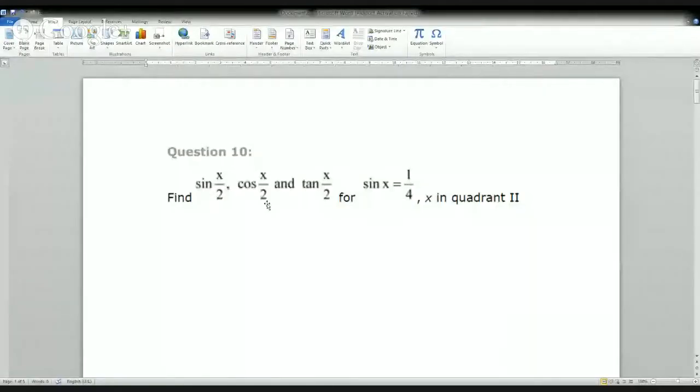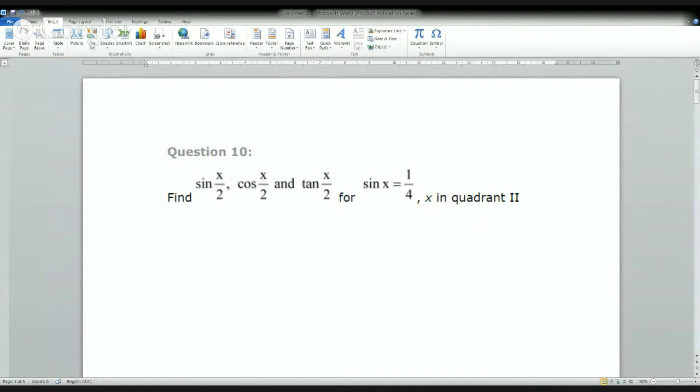So let's see this first example. What we need to do: find sine of x by 2, cos x by 2 and tan x by 2, where sine x is equal to 1 by 4 and x is in the second quadrant.